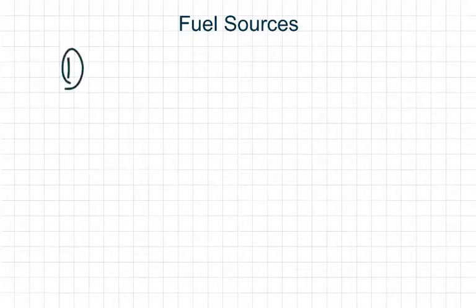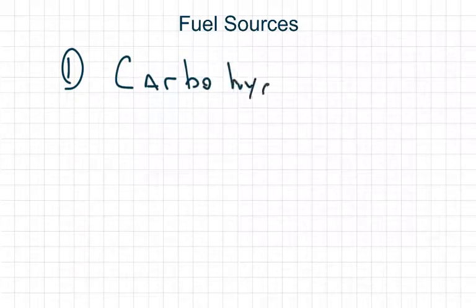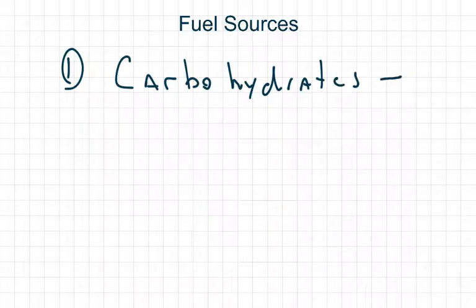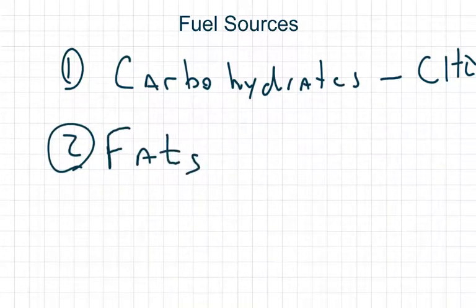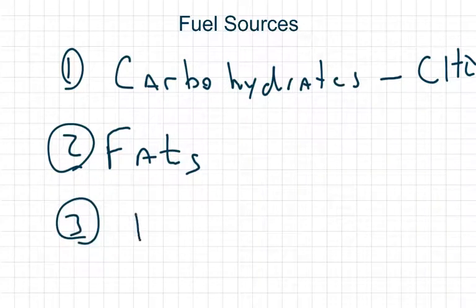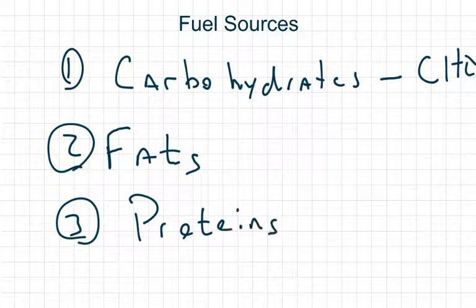The first fuel source is carbohydrates. You'll see this from time to time being abbreviated as CHO. The second being fats. And the third being proteins. And also I would tend to shorten this to be PRO.